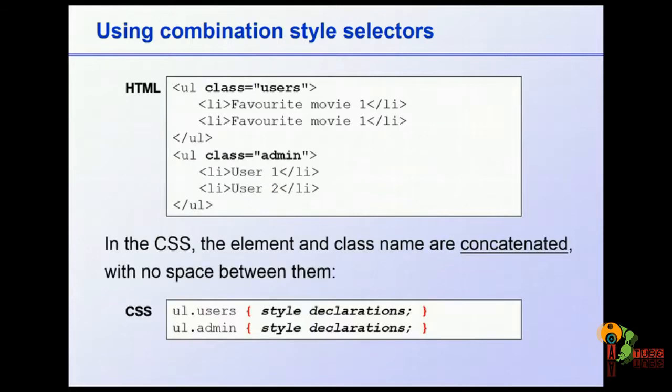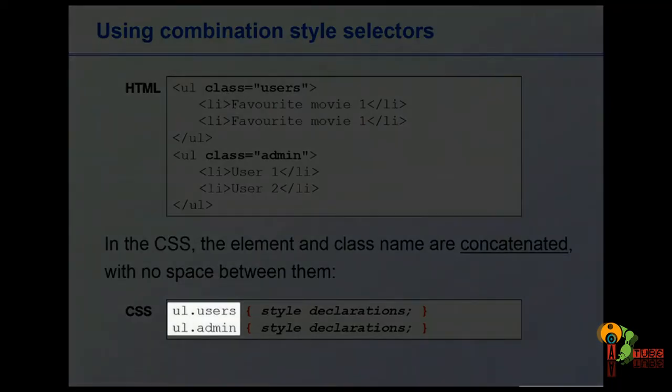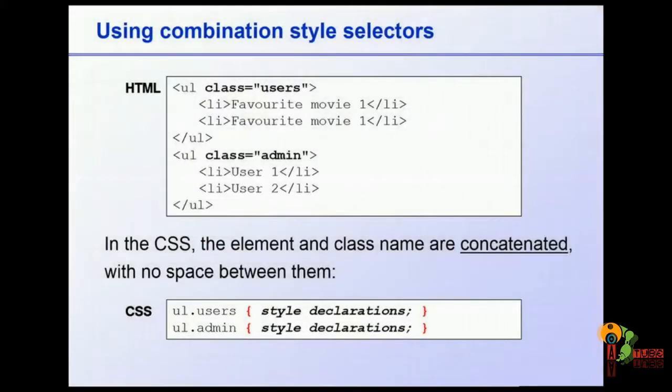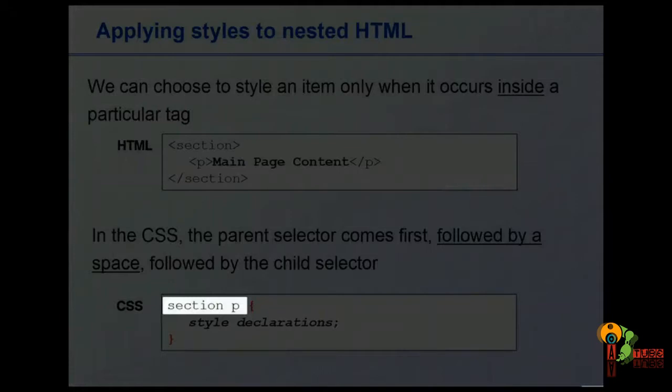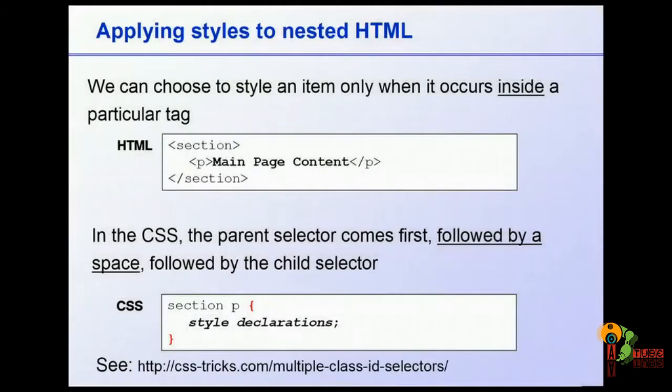We target these in the CSS by concatenating the element name UL and the class selector with its dot, with no space between them. We can also style an item only when it occurs inside another tag, using parent-child selectors. In this case, the outer, containing element comes first in the selector, and the inner element, the child selector, follows, with a space between them.